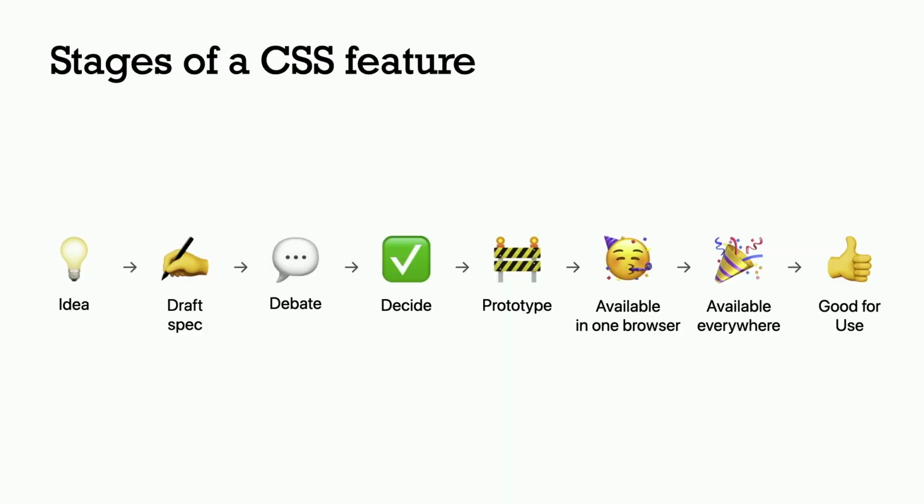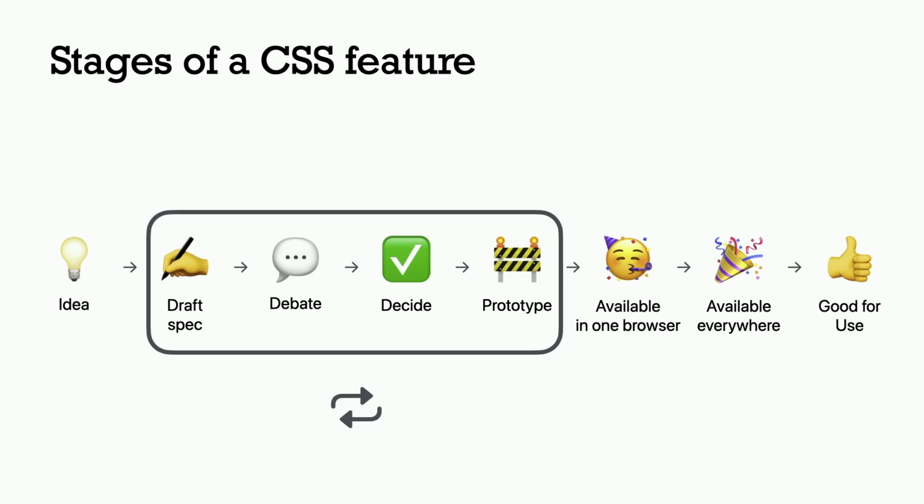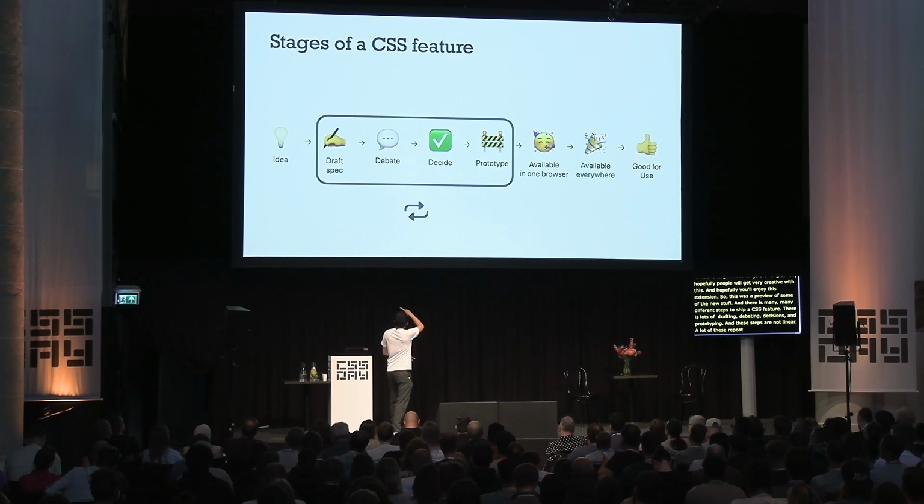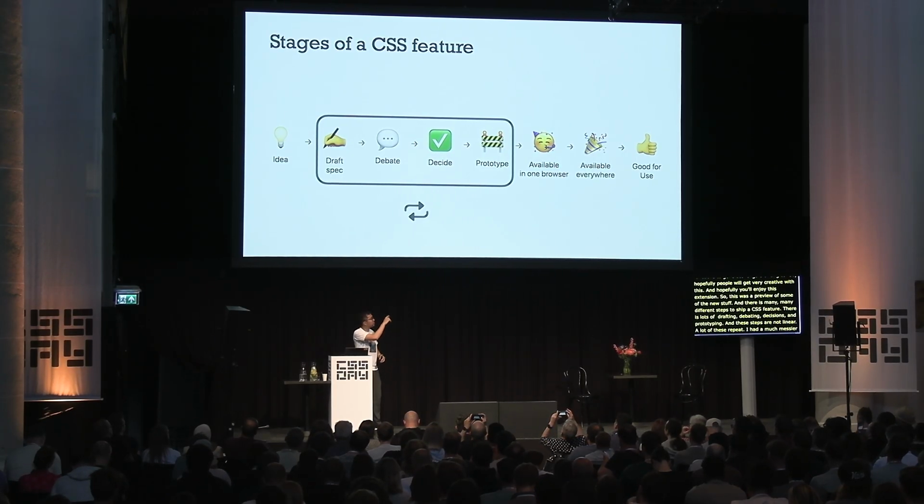And there's many, many different steps to ship a CSS feature. There's lots of drafting, debating, decisions, and prototyping. And these steps are not linear. A lot of these repeat. I had a much messier version of this slide, but I decided to only show a simple version because it was too messy.